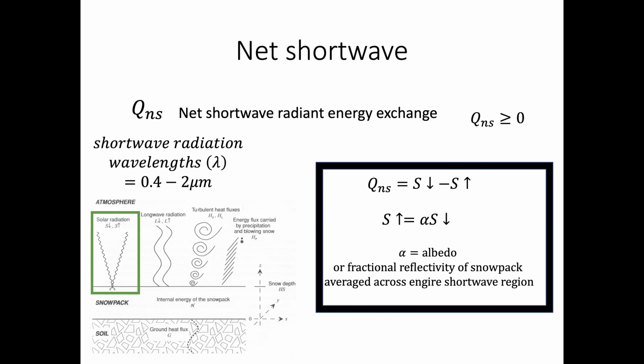For cloudy days, there are parameterizations that can be used to model it, or it can be measured. Outgoing solar radiation is the incoming solar radiation times the albedo of the surface, in our case, snow. So we can estimate the net solar radiation if we know the incoming solar radiation and the snow albedo.